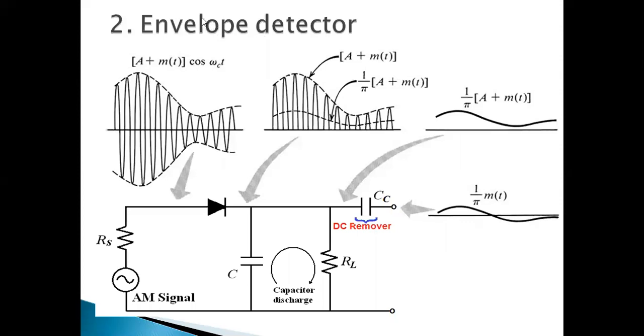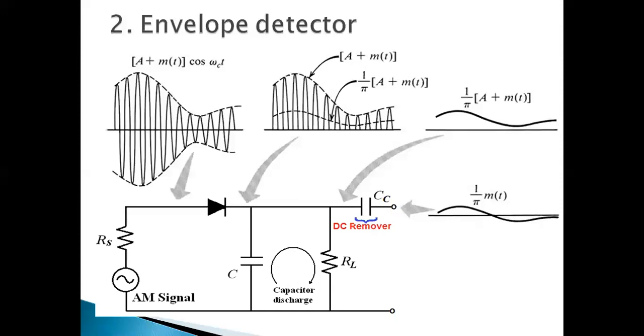This envelope detector is well suited for demodulation of the amplitude modulated wave, when the carrier frequency is large compared with the modulated signal bandwidth.